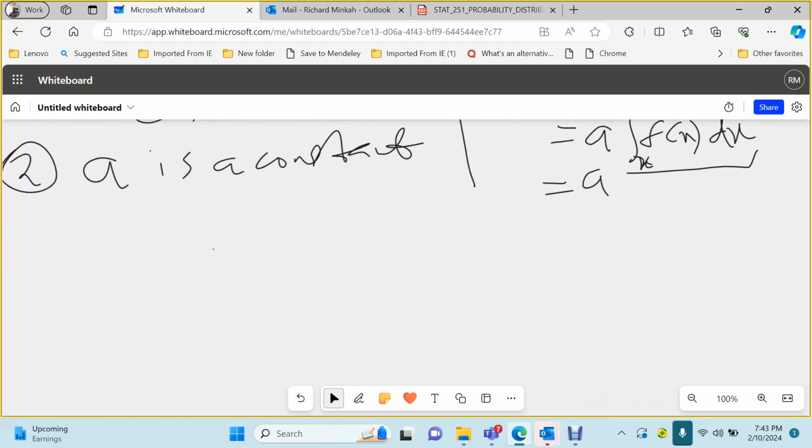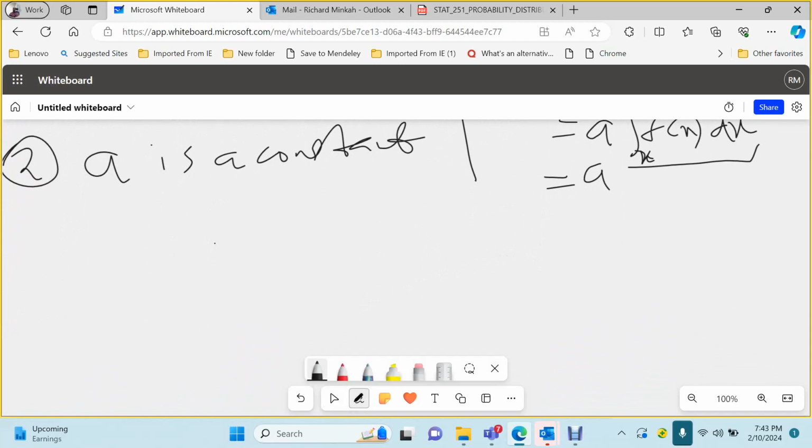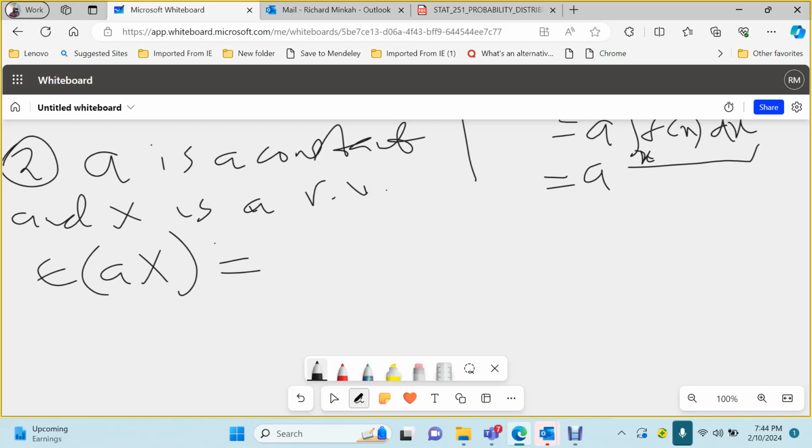Then what happens? The expected value of AX is the same as what? From what we have done, can you tell me what this will be? It will be equal to A times the expected value of X. Okay, good. How do we prove this?